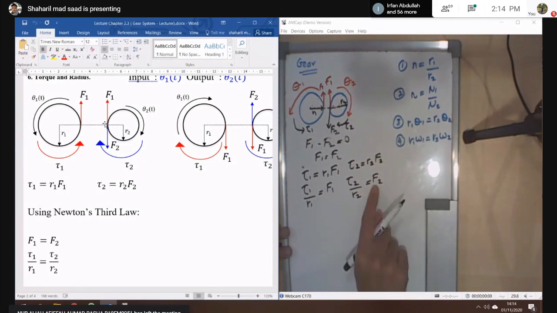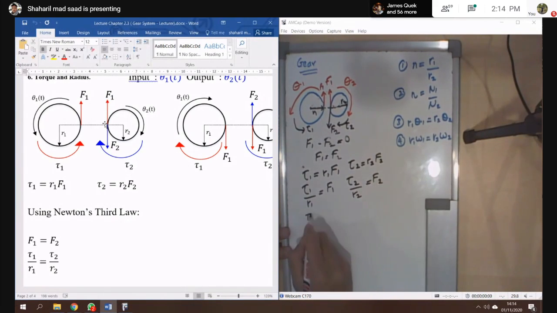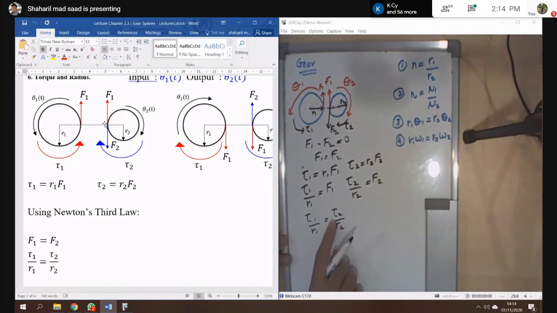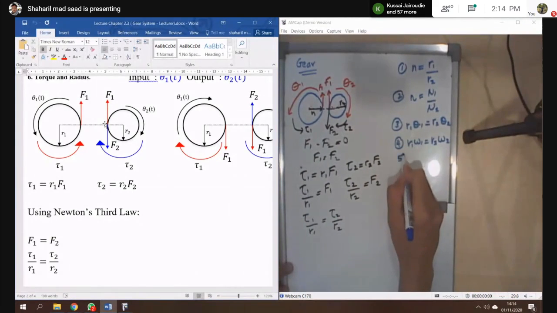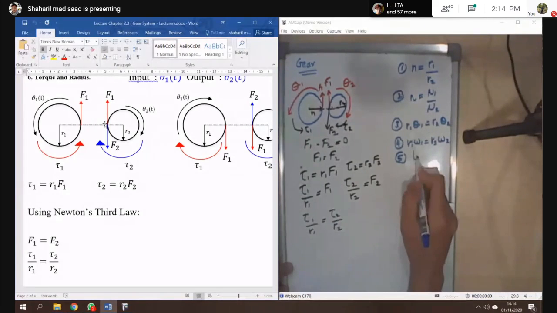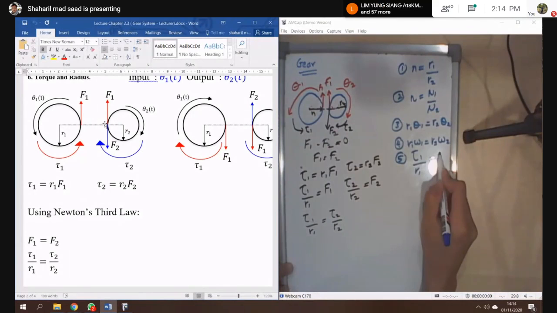Because F1 equals F2, you can now have another equation: tau 1 over R1 equals tau 2 over R2. So this is the equation number 5 that you need to remember. So you have T1 over R1 equals T2 over R2.